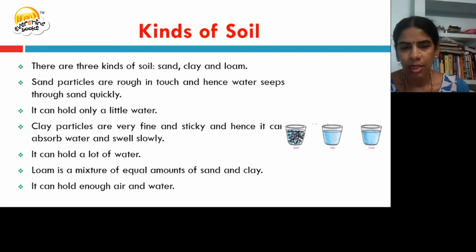Clayey soil is very fine and sticky, so it can absorb water and swell slowly, and so it can hold a lot more water than sandy soil. Loamy soil is a mixture of clayey soil and sandy soil, and hence it can hold enough air and water.